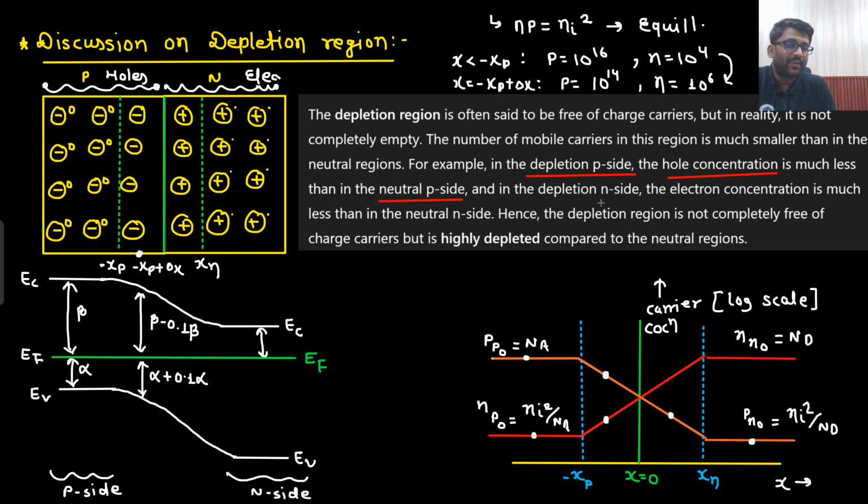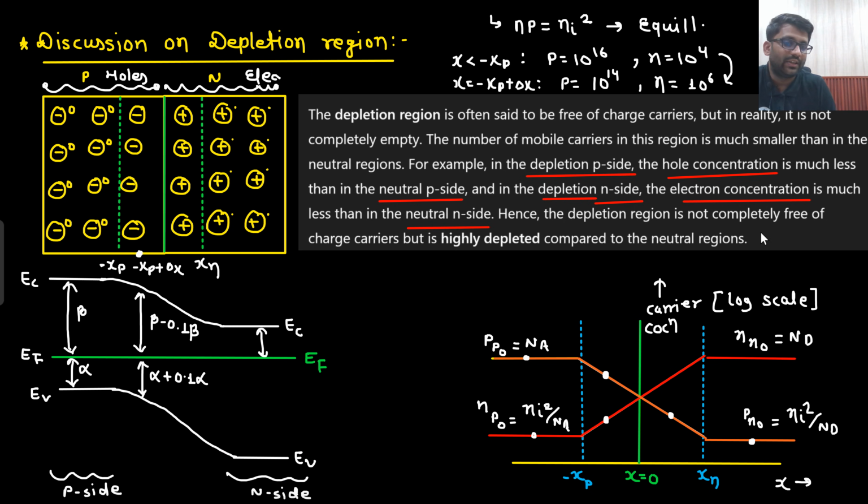And in the depletion n side, what would I be looking for? Electrons. So I got to know that the electron concentration is much less than in the neutral n side. Hence, the depletion region is not completely free of charge carriers, but it is highly depleted compared to the neutral region.